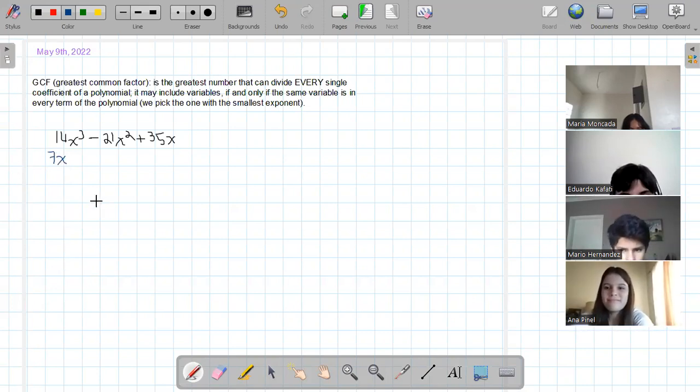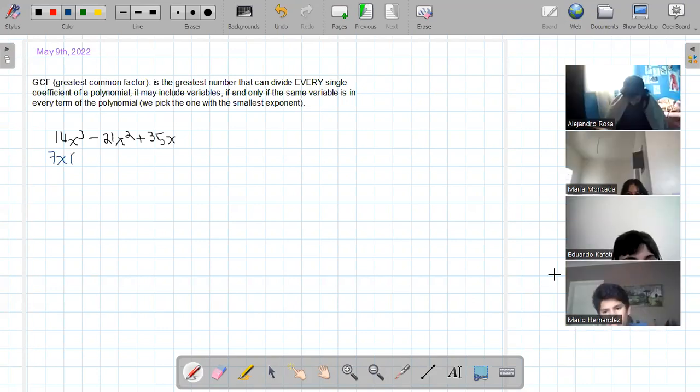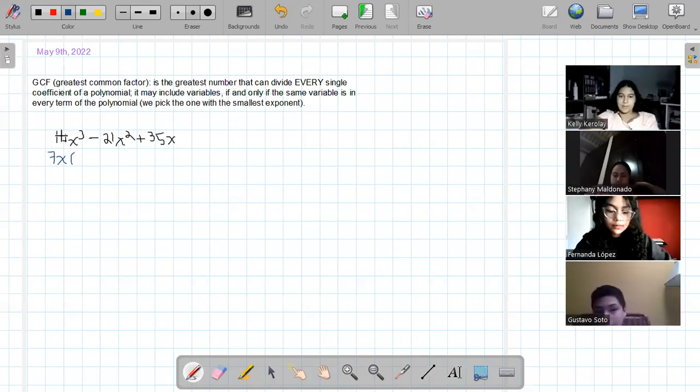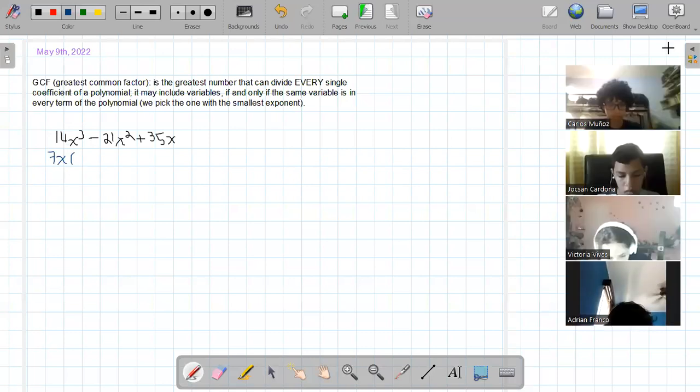Now, how am I going to factor out? Well, I'm going to factor out by placing the 7x right outside a parenthesis, okay? And now I will divide every single term by the GCF that I just found. So 14x cubed divided by 7x. Remember, you divide coefficient with coefficient.